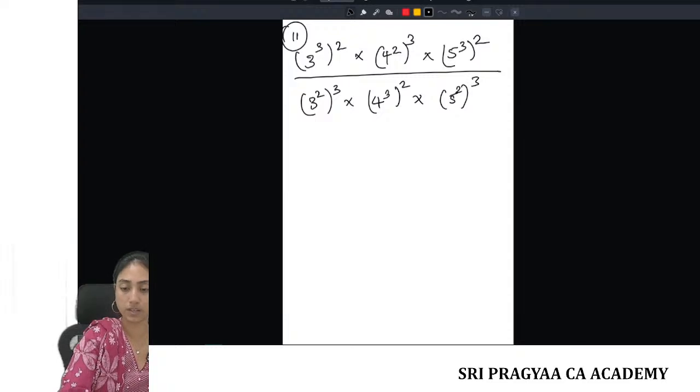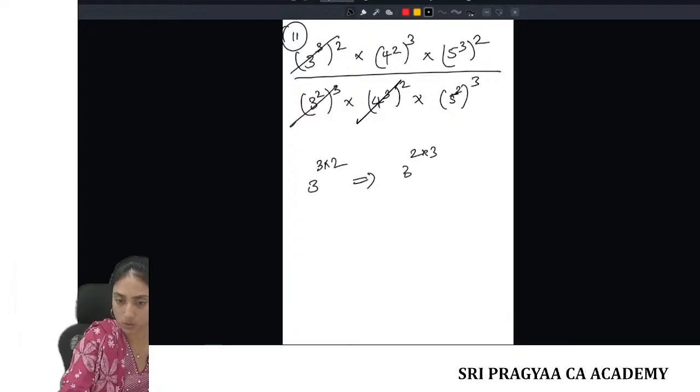This is 11th one, right? So whenever you have this, rather see, I can multiply this, right? So 3 is equal to, correct. So this will get directly cancelled. This will also get directly cancelled.